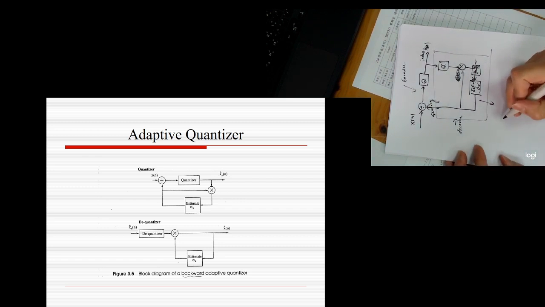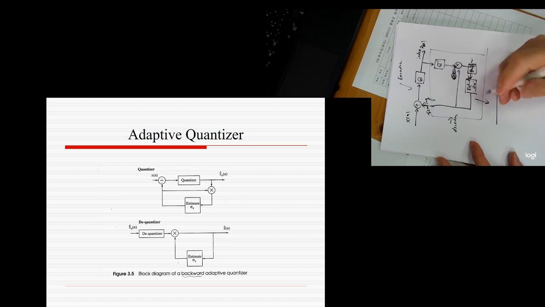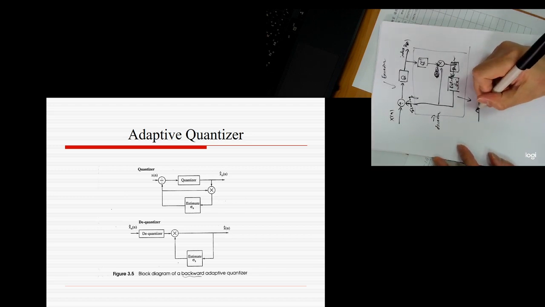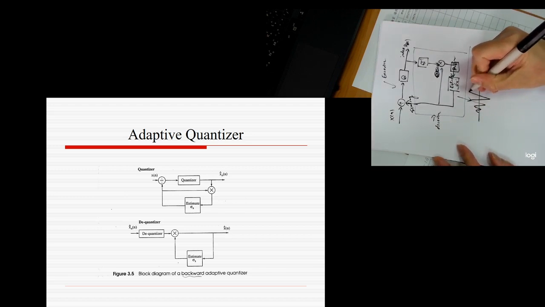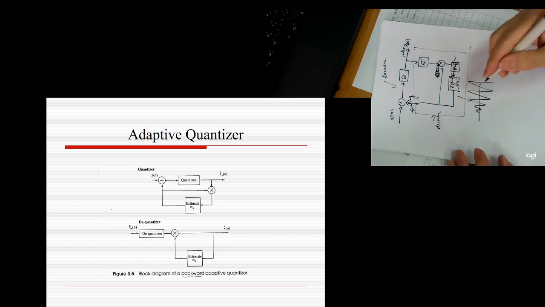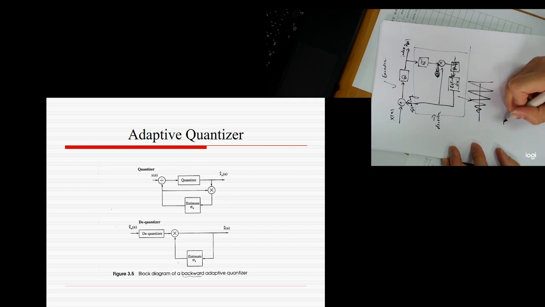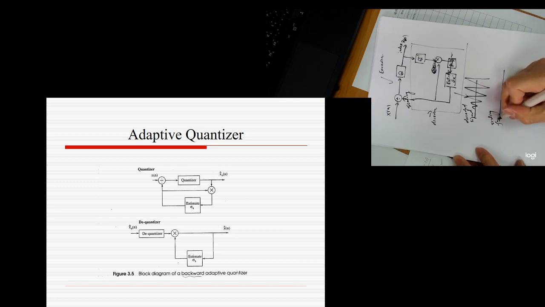Like if we are decoding the signal and you find out our decoding signal becomes bigger, then we have a scaling factor. We call this one the scaling factor.